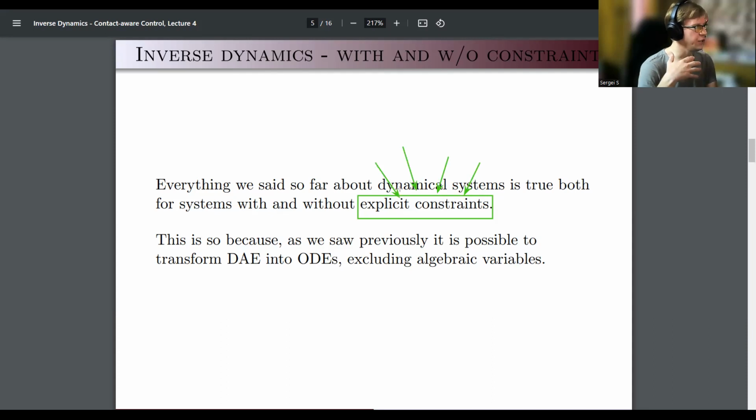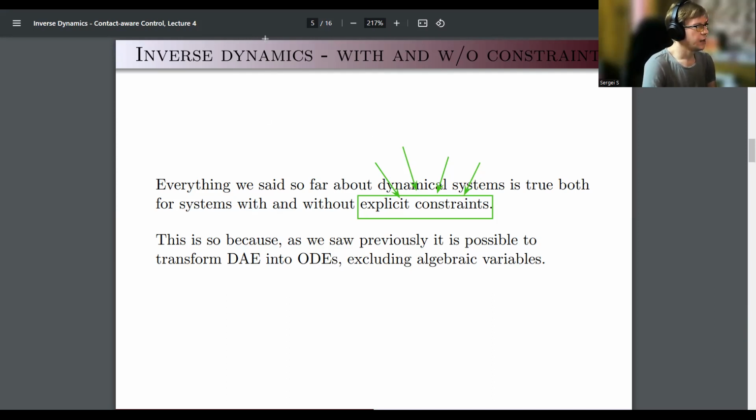The idea of a trajectory is the same: still q star with a control law u star, a nominal trajectory and nominal control law. The fact that you have reaction forces does not change anything here. They exist explicitly, but they don't change the fact that you're still trying to find u star and q star.